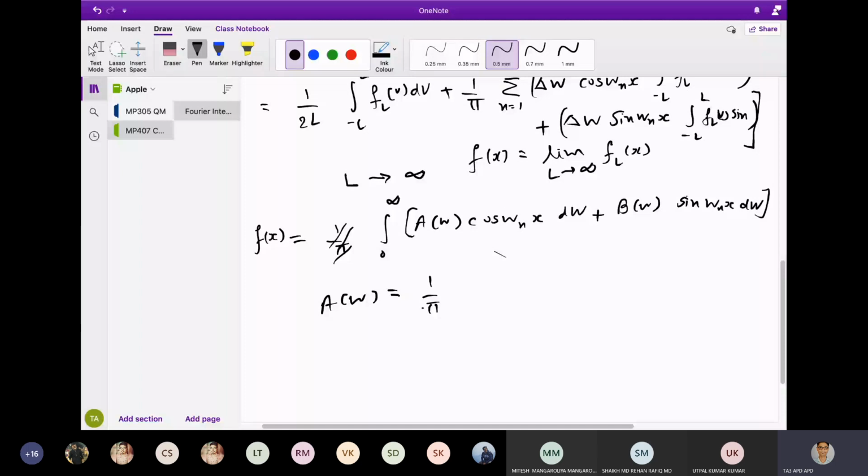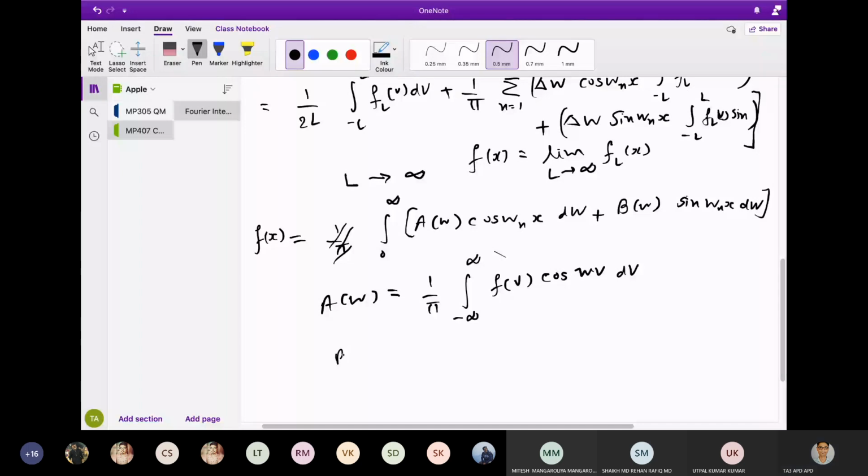So you have 1 over pi from minus infinity to plus infinity, because it is minus L to plus L and you are taking L tends to infinity, of f(v) cos(wv) dv. Over here, the integration parameter is v, not x.